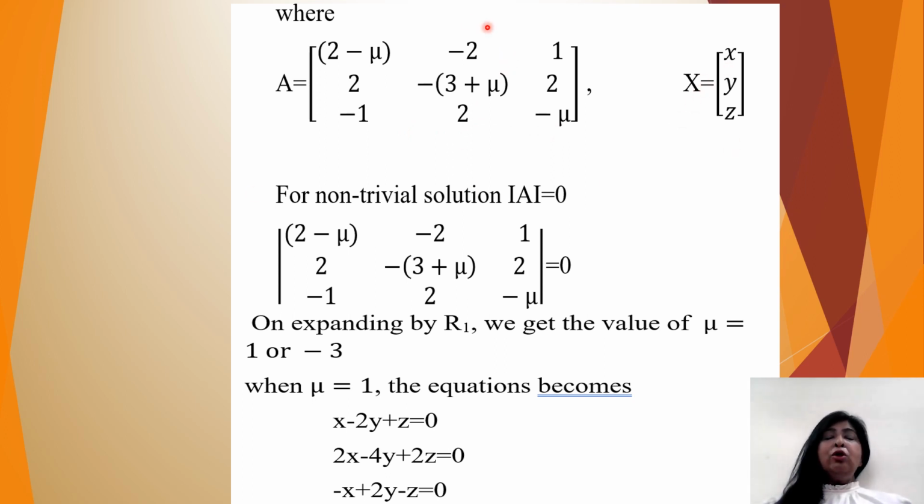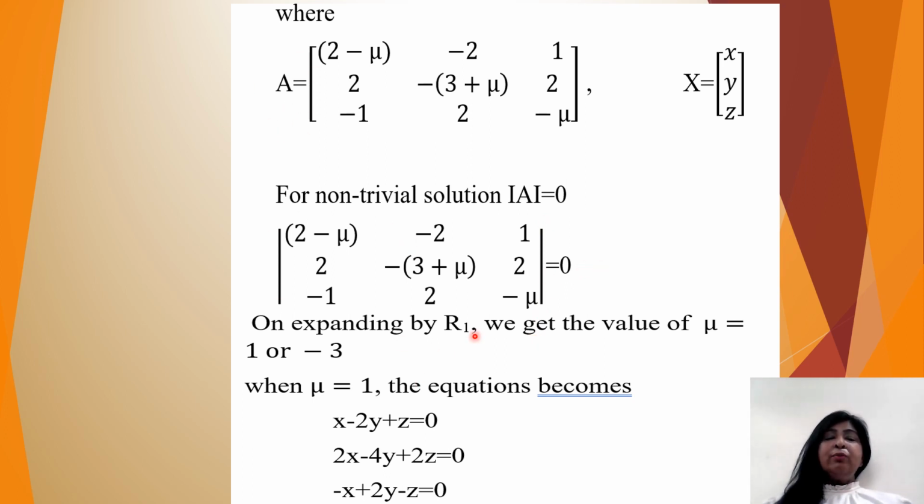Now we know that a homogeneous system of equations has a non-trivial solution if determinant of A is equal to 0. So I will take the determinant of this matrix A equal to 0.